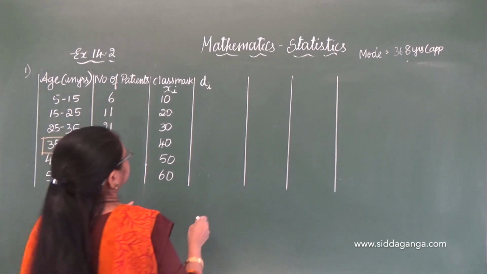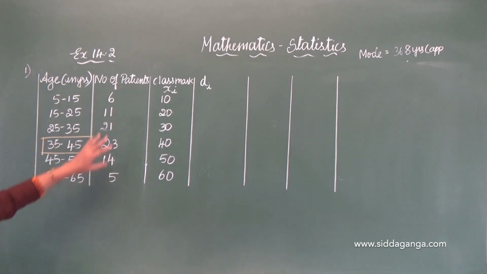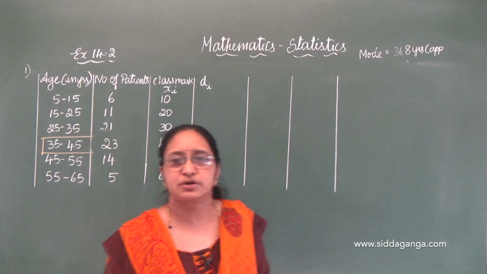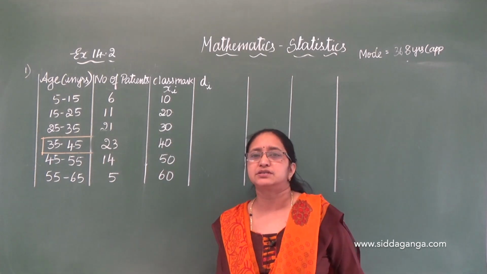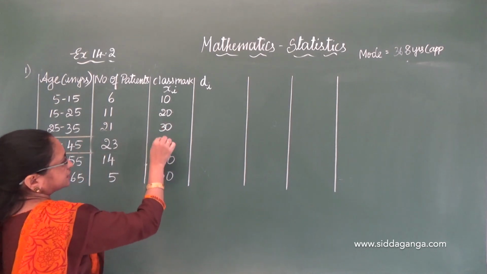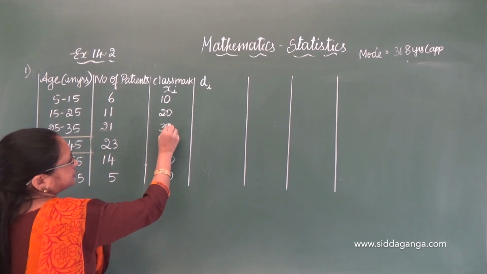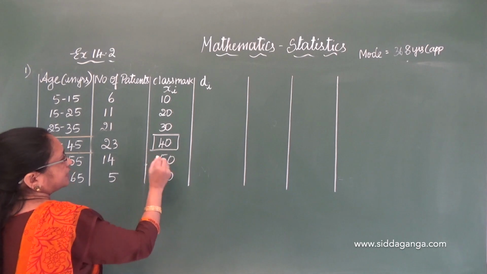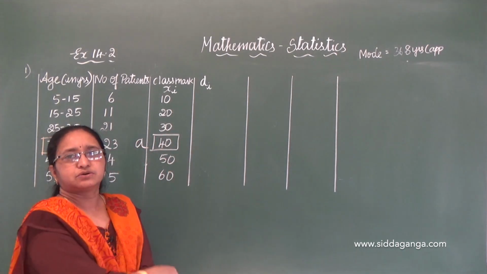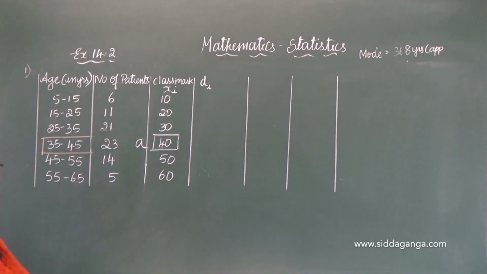Okay, next di. Since there are 6 values here, as I told you in the previous class, you can take the middle one, but here we cannot exactly take the middle one. So you can take either 30 or 40, anyone. No problem, 30 is okay, 40 also okay. I have taken it as 40.